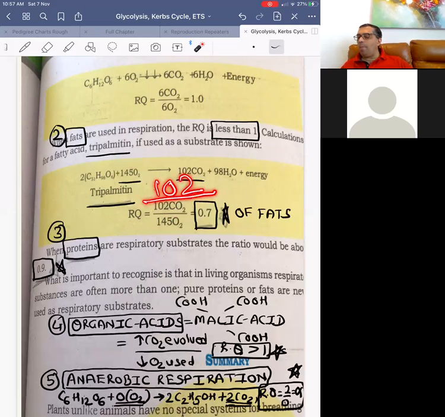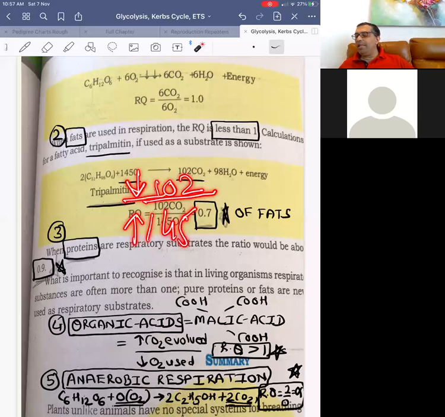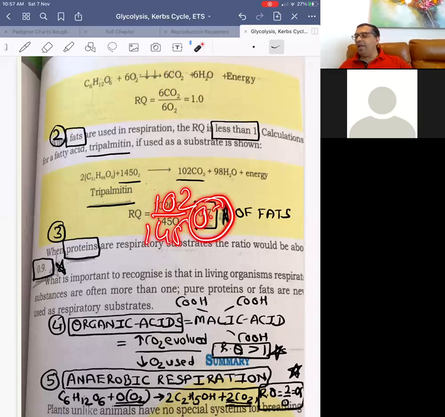How much is the denominator? 145. So the numerator is less than the denominator, so the RQ will be less than 1. To be more precise, if you divide 102 by 145, it turns out to be 0.7. 0.7 is the RQ of fats.